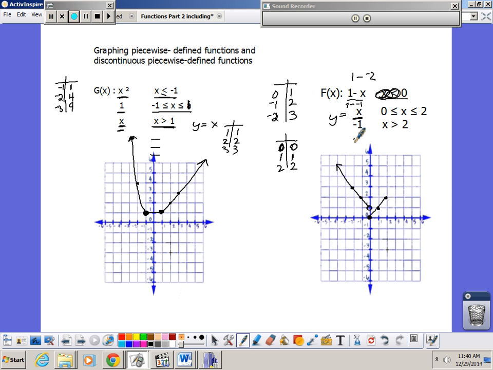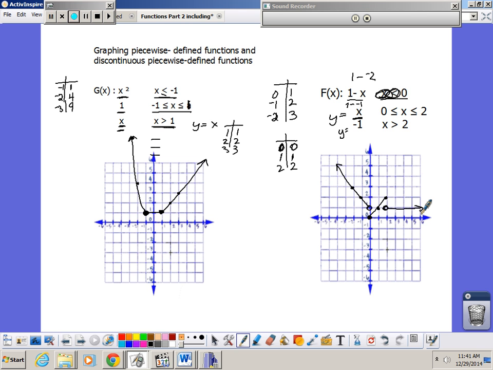Then here, x is greater than 2 is -1, so y equals -1. And put my x's in. Starting at 2, open dot, going across the whole way. There's my piecewise graph for that one.